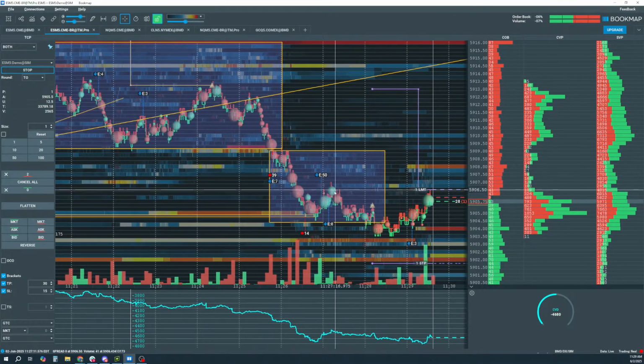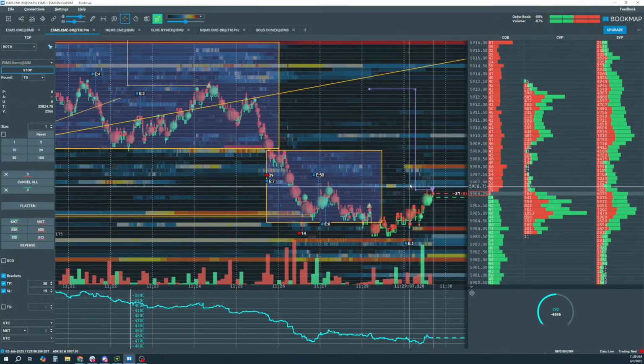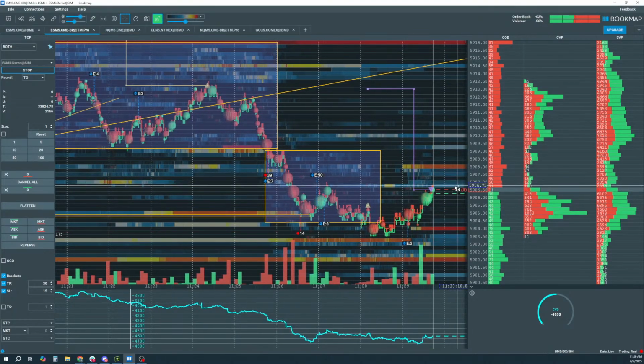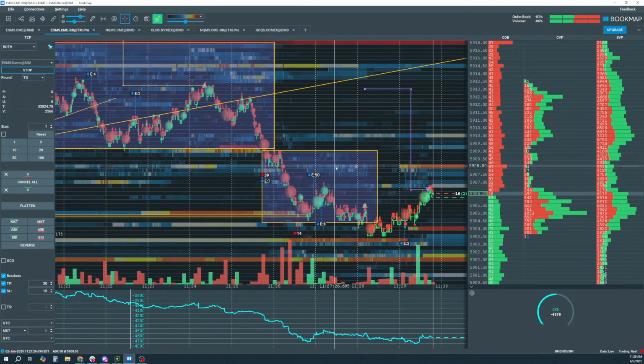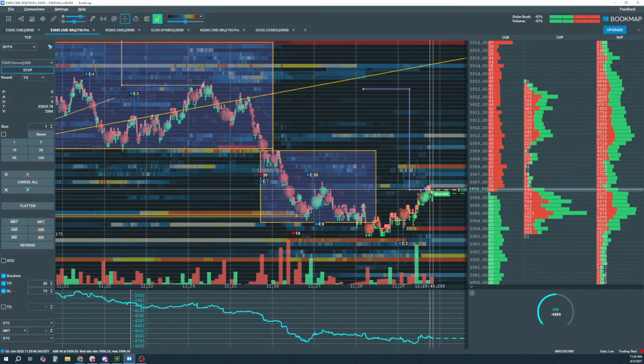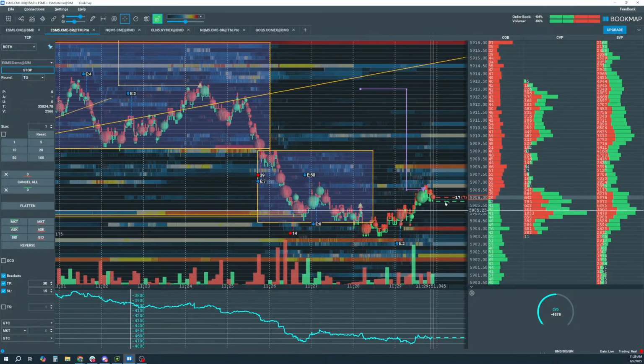So this is the continuation of that probing and testing in these ranges. And I think we still got a little bit more buying pressure to come up into this liquidity here. But we just got our target hit on that one. It was a quick scalp.